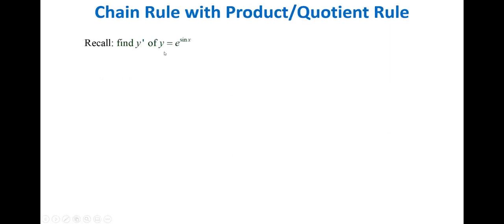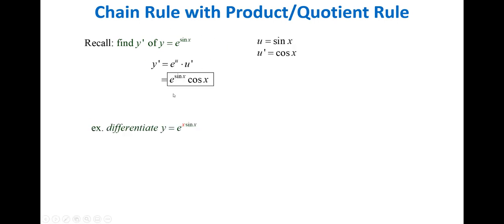Remembering when I asked you to find y is equal to e to the sine x, let's look at something comparable, but the same but different. Let's differentiate y is equal to e to the x sine x. Start it off the same. I'll make the exponent x sine x u.